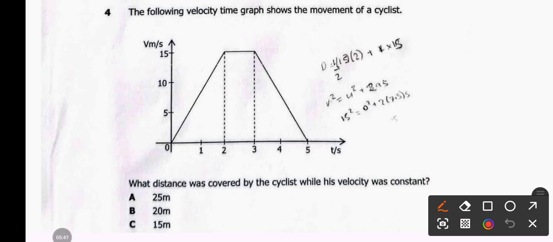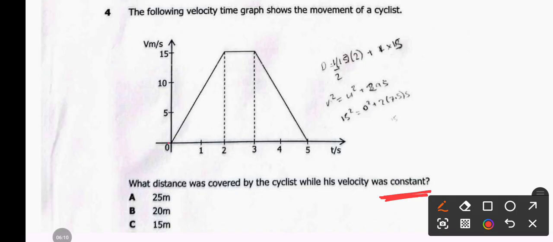However, this question has a bit of a twist in that it requires a specific portion of an area. So this is a portion where the velocity of the cyclist was constant. So now we have to interpret the velocity time graph to know exactly where that region is.